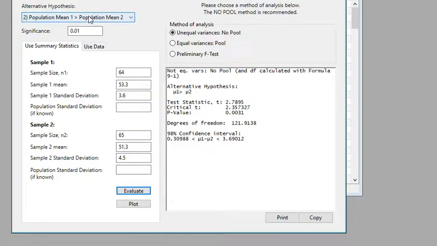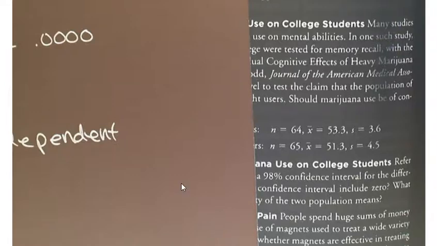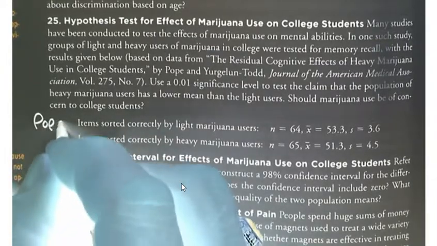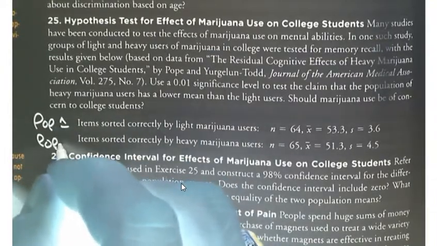So population 1 is greater than population 2. That doesn't look right. Let's look back here. So this is population 1. This is population 2.